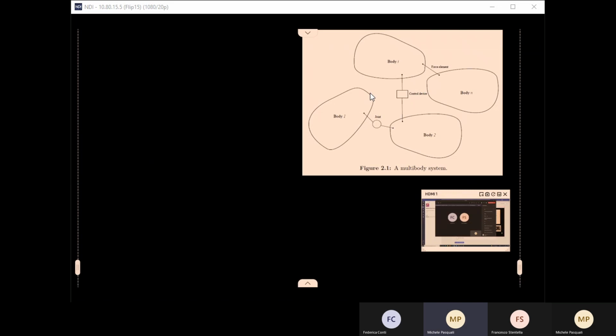In general, in this case, we have this code, but for a system, because we will always deal typically with a system of bodies, let's say of nb bodies. We're always talking about rigid bodies. Okay, so rigid bodies.